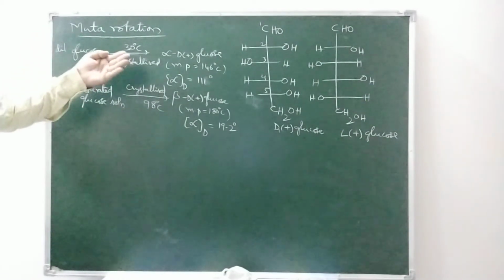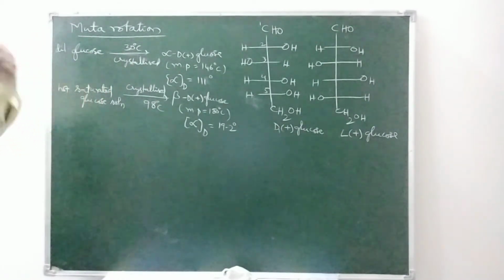So there are 2 types of crystals in glucose, right?